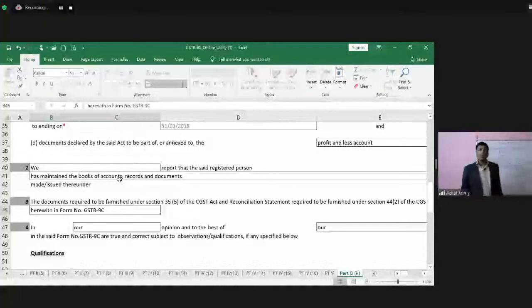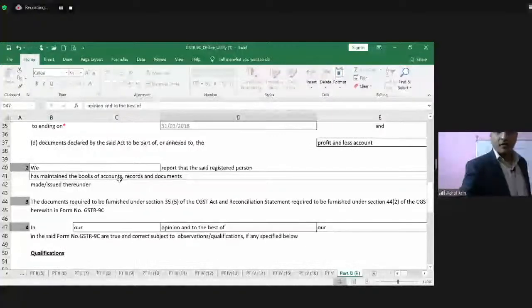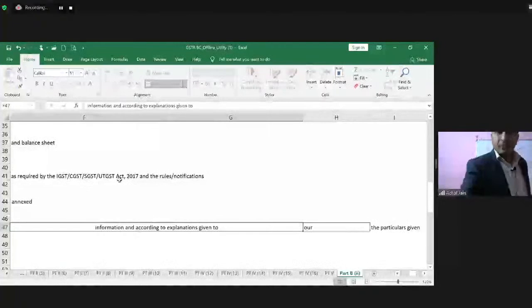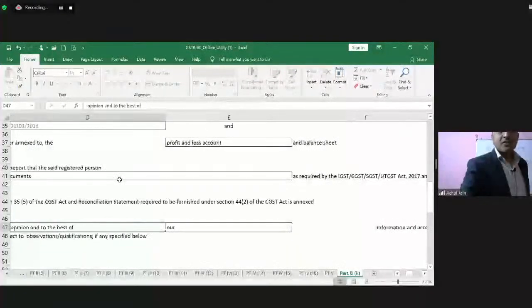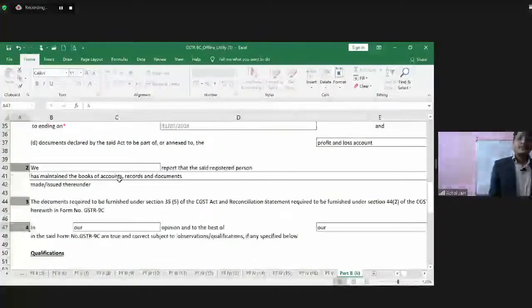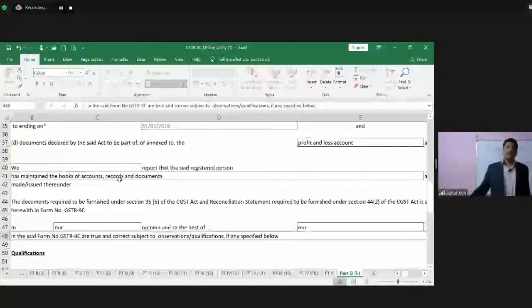Number 4. Now the GST auditor is saying, in our opinion, now he is moving on to his opinion. Correct? In our opinion, and to the best of our information, and according to the explanations given to us, and the particulars etc. which are given in the said form GSTR 9C, they are true and correct, subject to observations or qualifications.